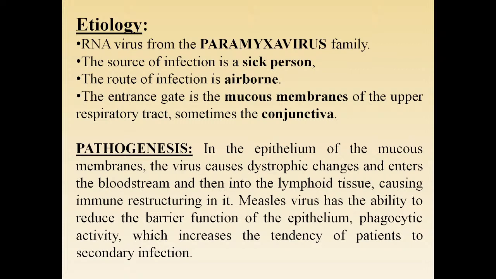Pathogenesis. In the epithelium of the mucous membranes, the virus causes dystrophic changes, and next the virus enters the bloodstream, spreads, and appears in lymphoid tissue, causing immune restructuring in it.